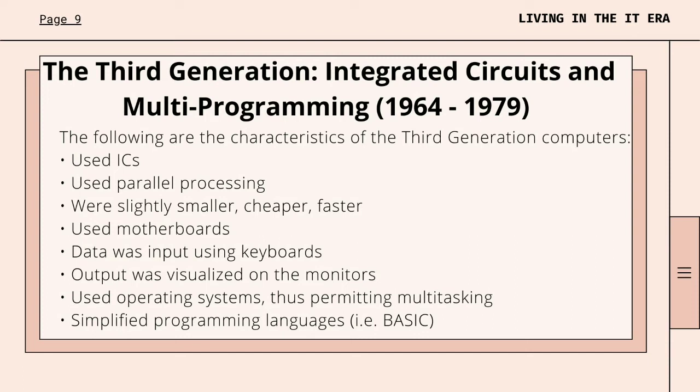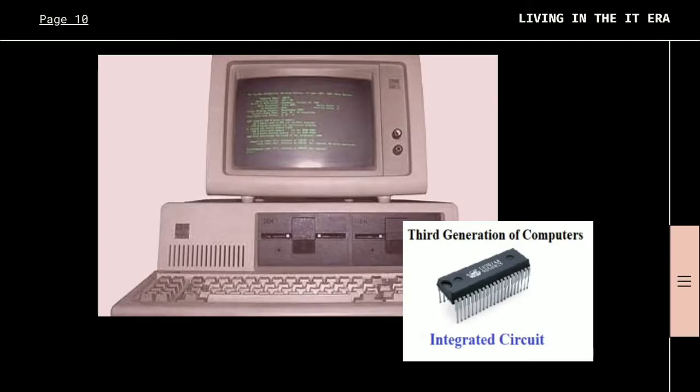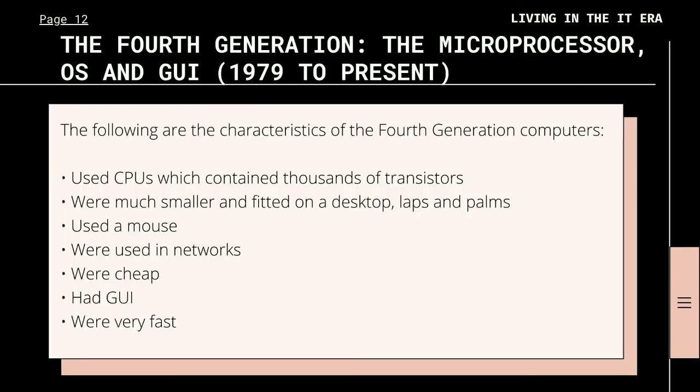It used motherboards, and data was input using keyboards, and output was visualized on the monitors. It used operating systems, thus permitting multitasking. It simplified programming languages. Image shown is an example of a third-generation computing device.